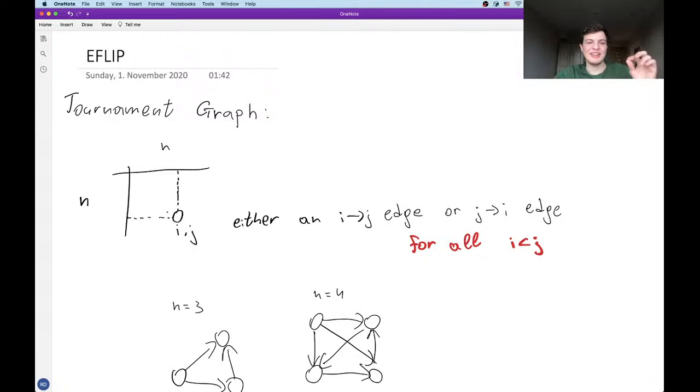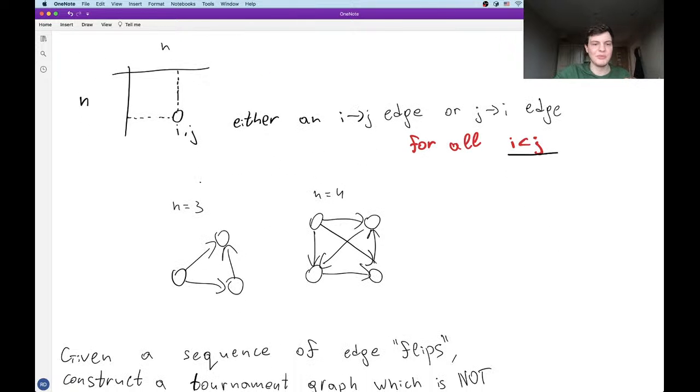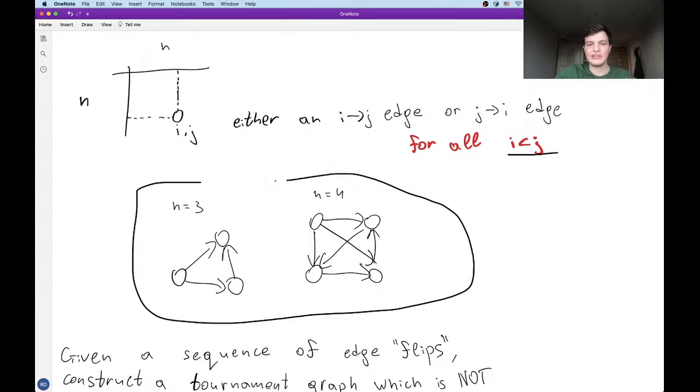A tournament graph with n vertices is such a graph that for every i, j, such that i is less than j, you either have a directed edge from i to j, or from j to i. So it's like a complete graph where you choose the direction for every edge.